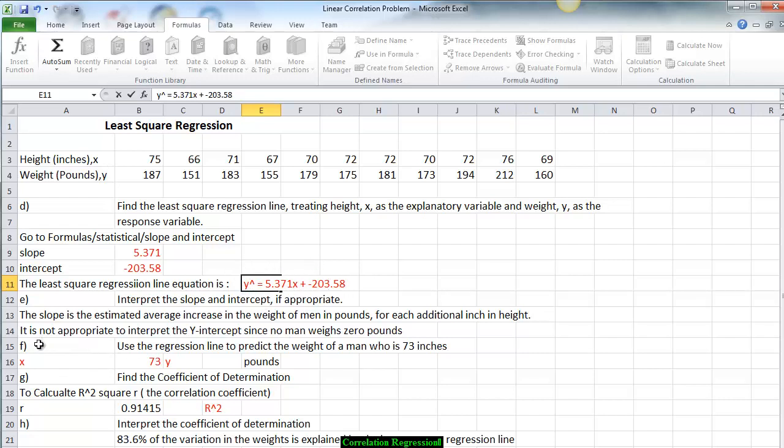Now, we want to use the regression line to predict the weight of a man who is 73 inches tall. Again, it's within the range of heights that we have, so we can use the least square regression line.